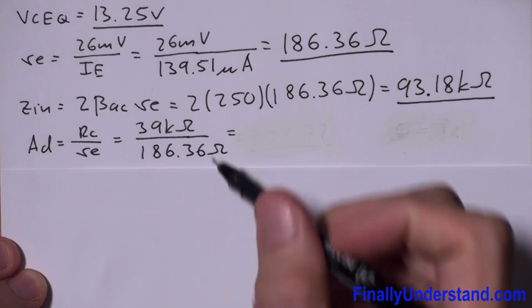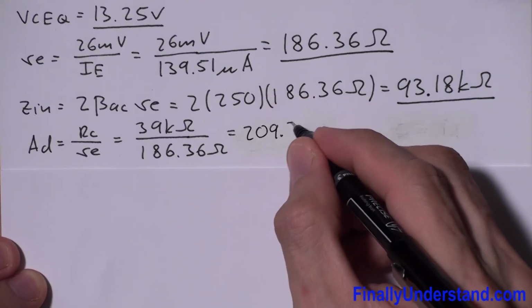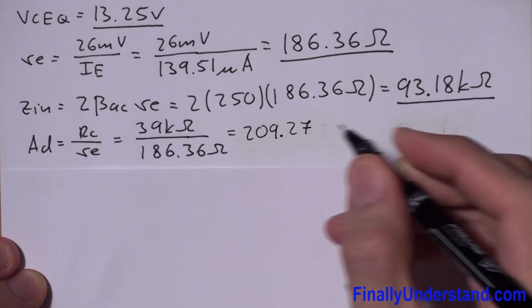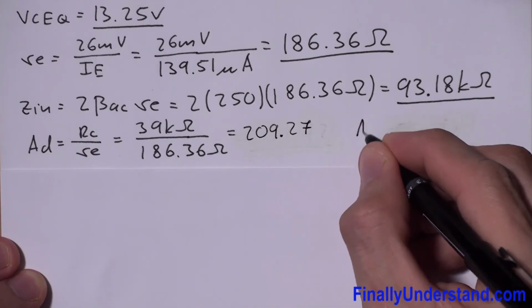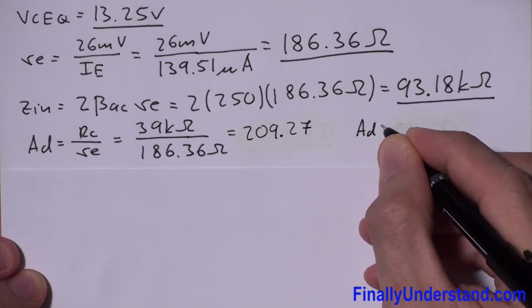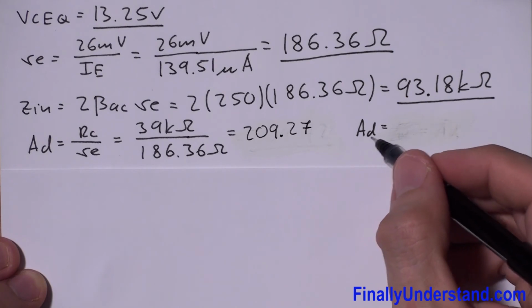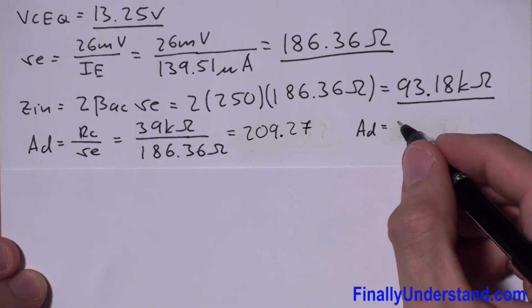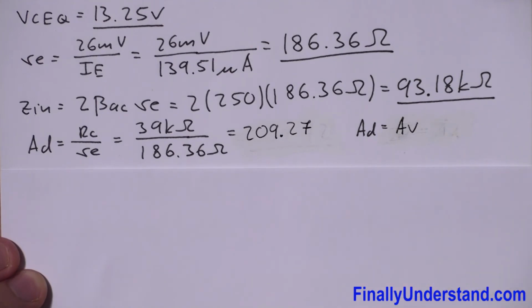So my differential gain is 209.27. Please keep in mind that in our case we use the notation AD, which stands for the differential gain. In some books we are going to see AV, voltage gain. It means exactly the same.